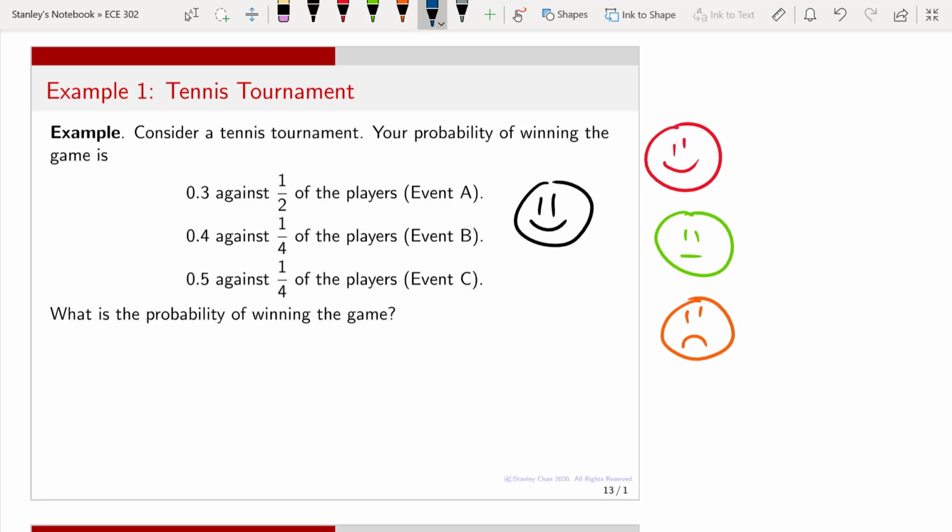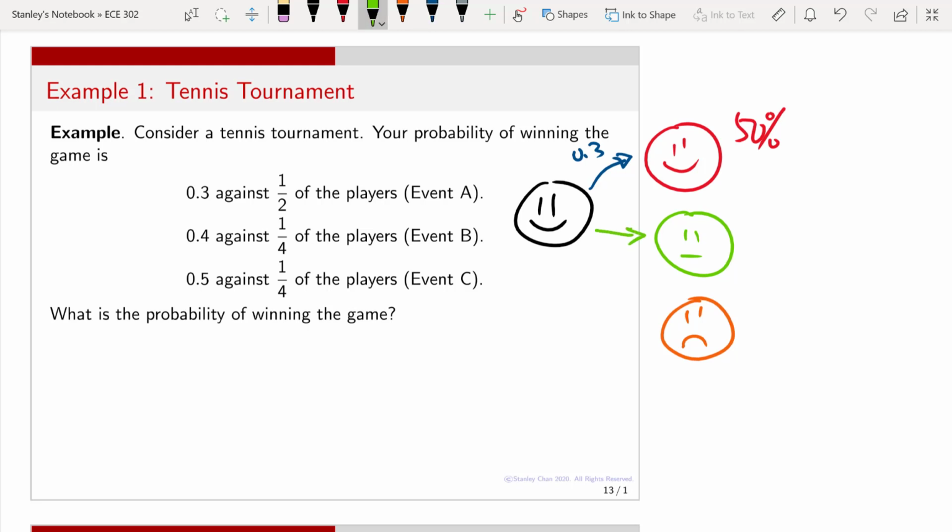So if you play against player A, who are the very, very good players, your chance of winning is 0.3. And let me just call them 50% of those players that are better than you. If you play against them, you have 0.3 chance of winning.